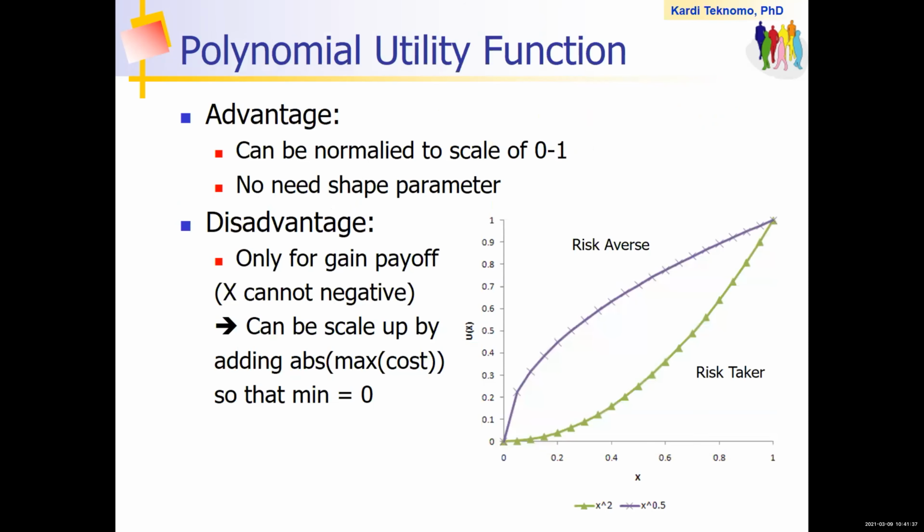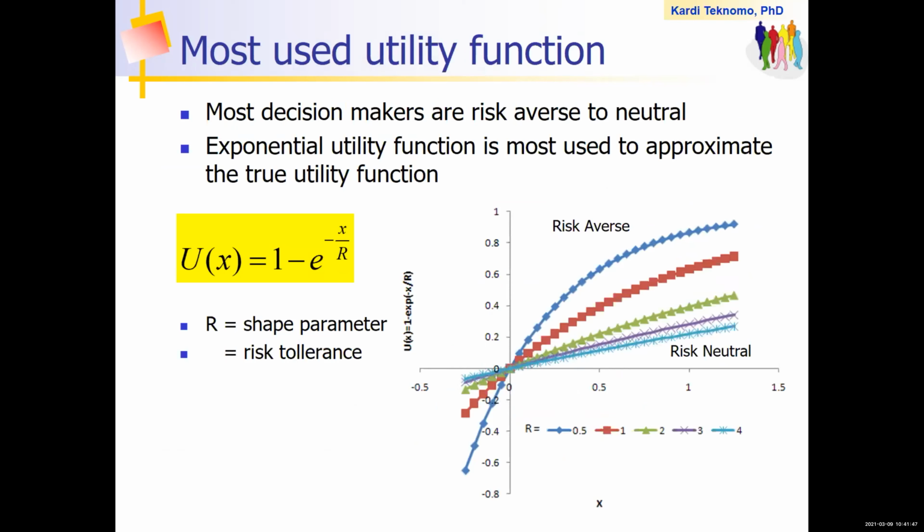Okay, so this is the drawing of polynomial, and this is the drawing of exponential, you see? Basically the drawing is the same. The difference is in exponential, you have a shape parameter, which is the risk tolerance that you just practiced a while ago.